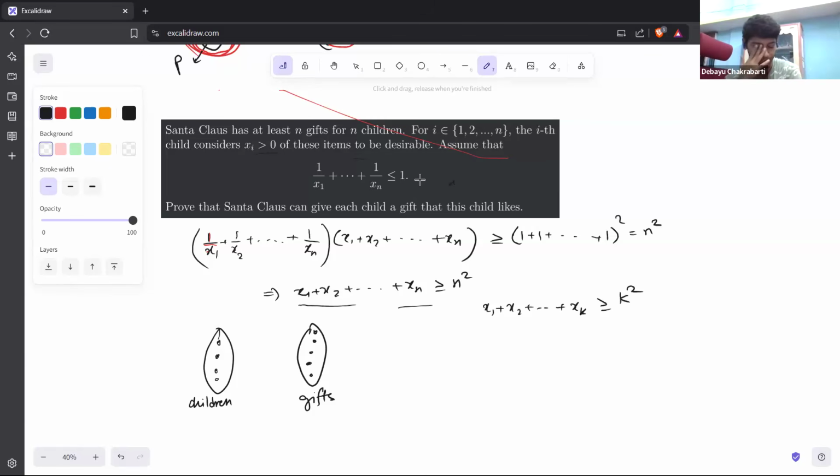Intuitively, you don't want gifts to be common, but you have no control over it. It's kind of very random, and it's not easy to see what the inequality really means. And even if you have the inequality, how do you use it?